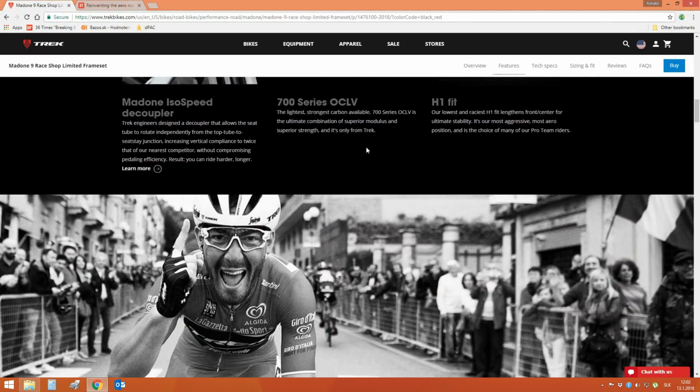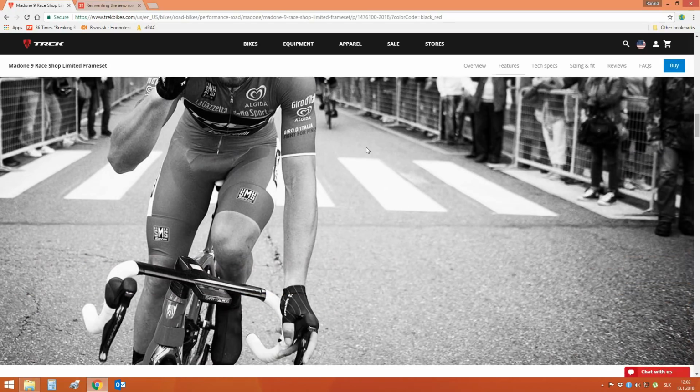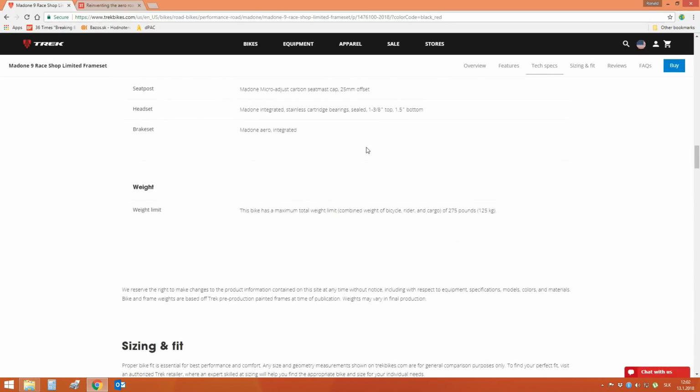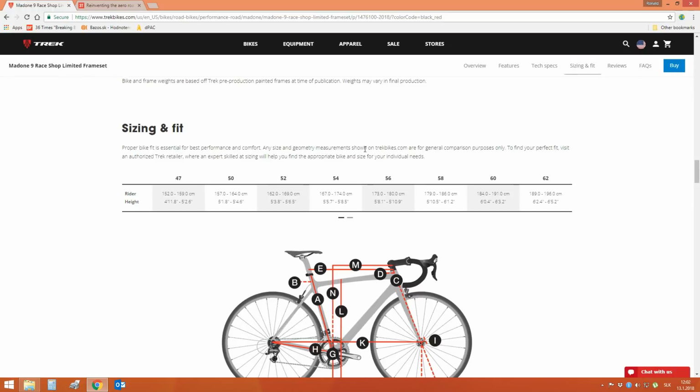Most manufacturers do have a size chart, and we can find that on the Trek website over here. So I'm 172 centimeters tall. That means I'm exactly in the middle of the range, and I should get a size 54.